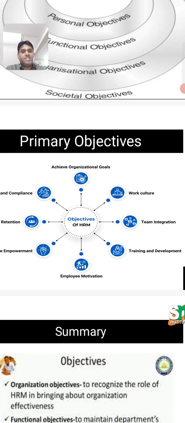Ultimately, what is expected is that we have to achieve the organizational goal. What task has been given, and how we have to practice a good practice to achieve those goals. That is the entire thing.